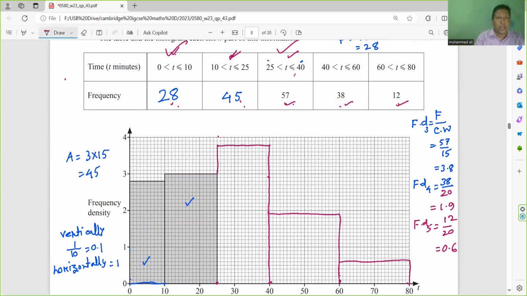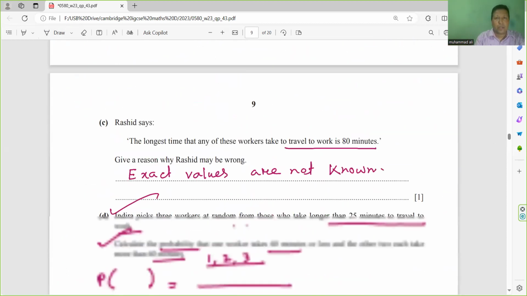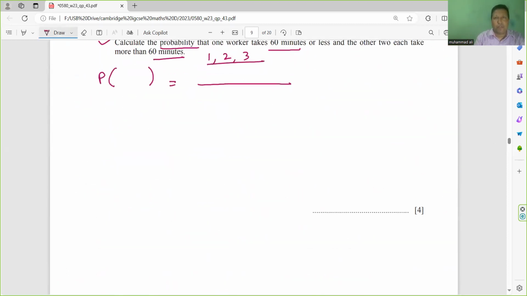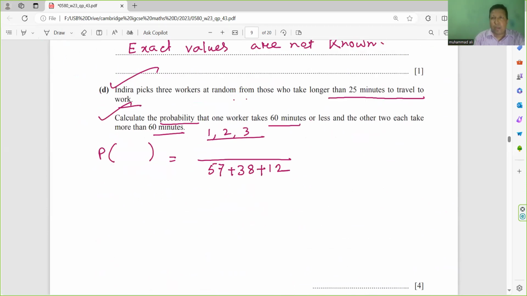So we have to write here 57 plus 38 plus 12. Why? Because they take longer than 25 minutes to travel to work. So this is the total frequency.